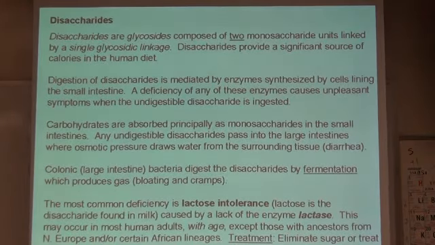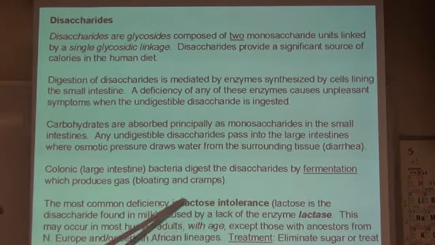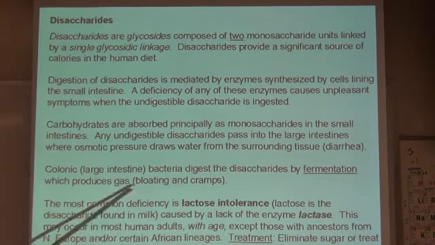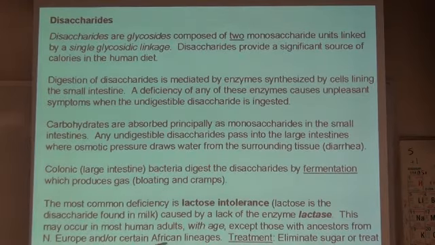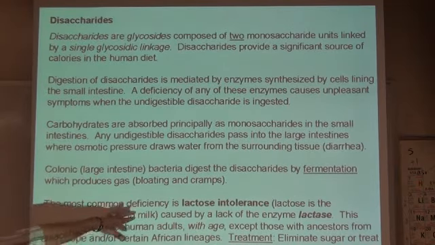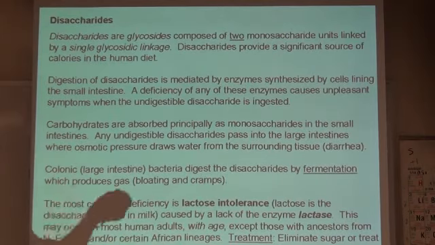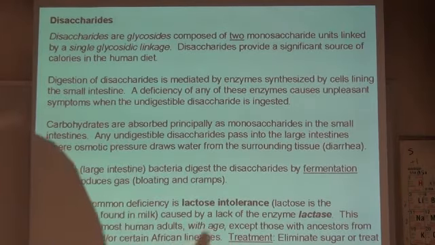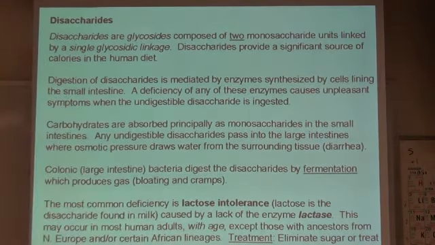And that's because you can't digest the disaccharide lactose that's found in milk. Most people with Northern Europe and African lineages will not get lactose intolerance. I happen to be in this Northern Europe one, so I'm hoping I won't get it. All sorts of treatments now, though. There's lactose-free milk. There's actually pills you can take, lactase, to help you out dissolving that disaccharide.